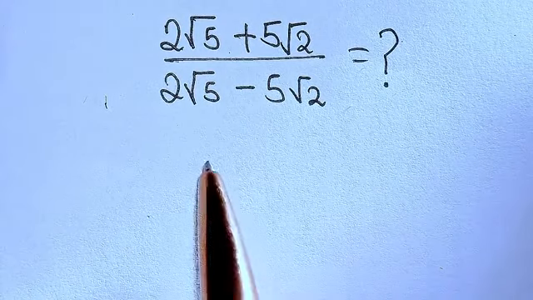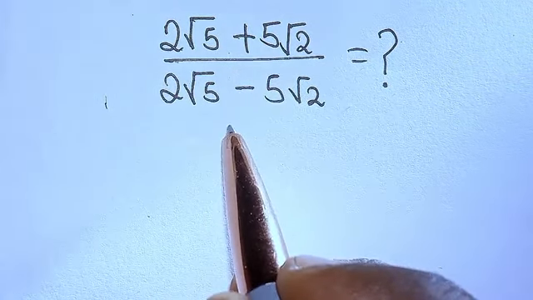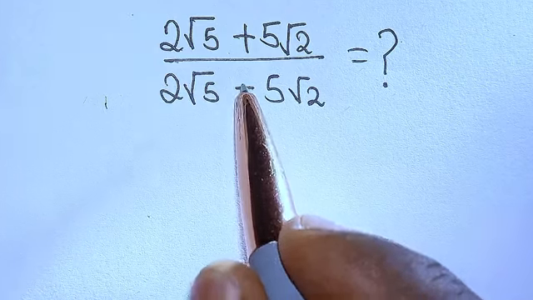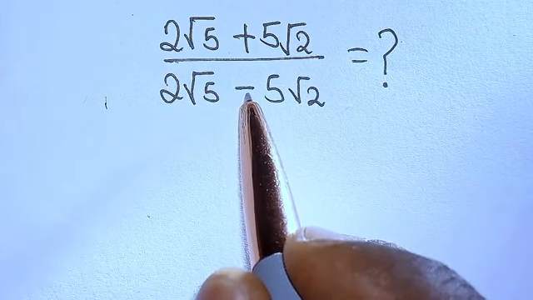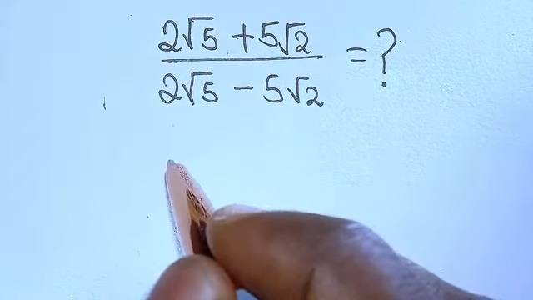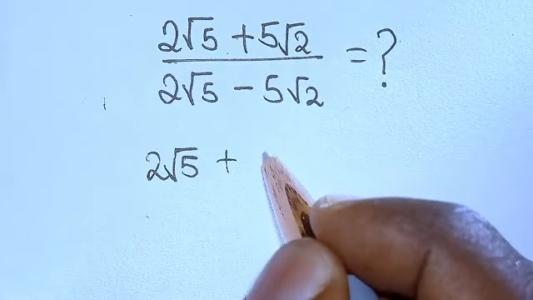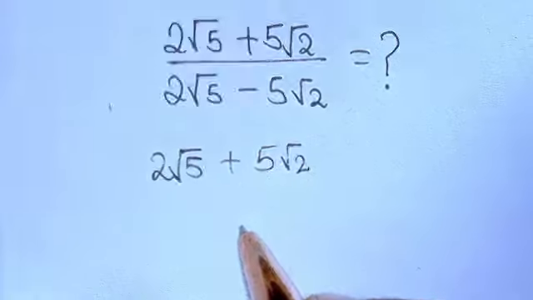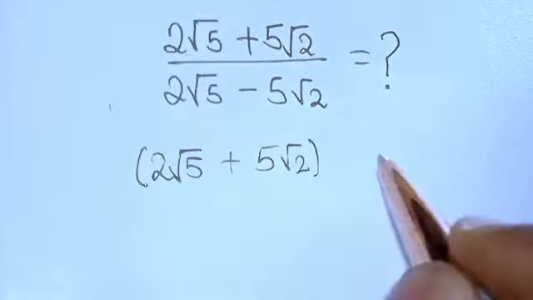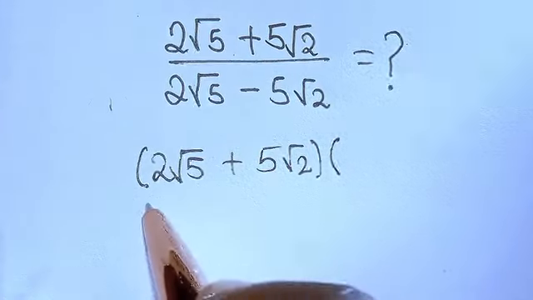So we are going to multiply both numerator and denominator by the conjugate of this denominator. The conjugate means you change this negative sign to a positive sign, and we have 2 root 5 plus 5 root 2. We multiply both the numerator and the denominator by it.